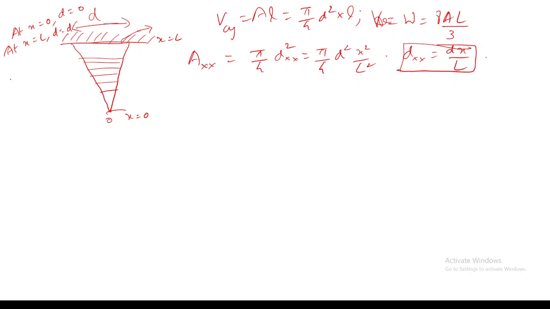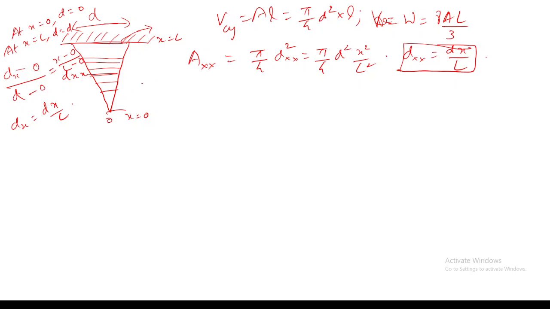Using the straight line equation for the diameter at any section, dxx minus y1, where y1 is 0, divided by y2 minus y1, which is d minus 0, equals x minus x1, where x1 is 0, divided by x2 minus x1, where x2 is L. So dxx equals d into x by L. Since the diameter is varying linearly, I can write it using a straight line equation, like interpolation. That is what I have done here.